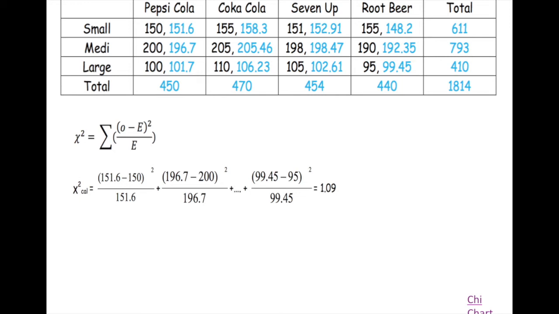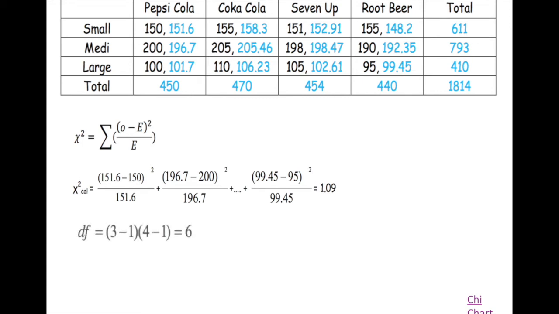So the first term is 151.6, which is the expected value, minus 150, which is the observed value, squared, divided by the expected value 151.6. Do that one by one, and add them all up, and we get 1.09.